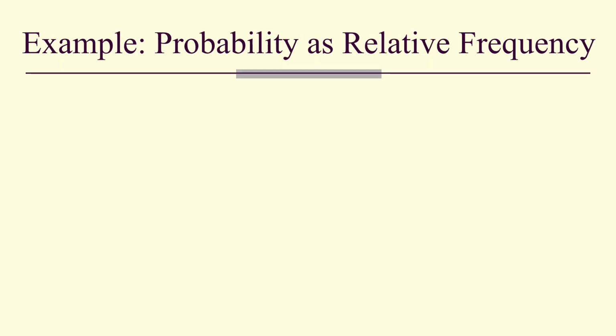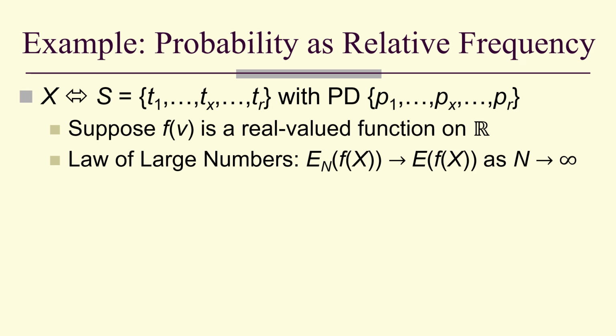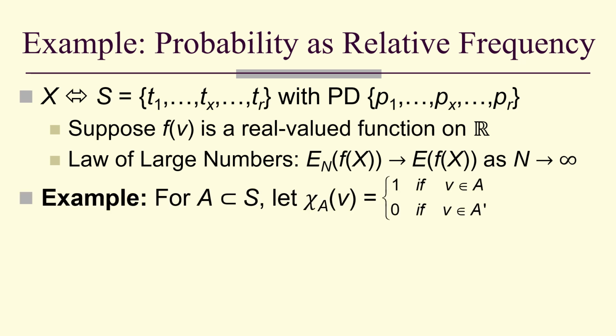So notice we can actually use this to define probability as a relative frequency. We just find a real valued function f, and notice that the law of large numbers says that with probability 1, E sub n of f of x converges to E of f of x as n goes to infinity.